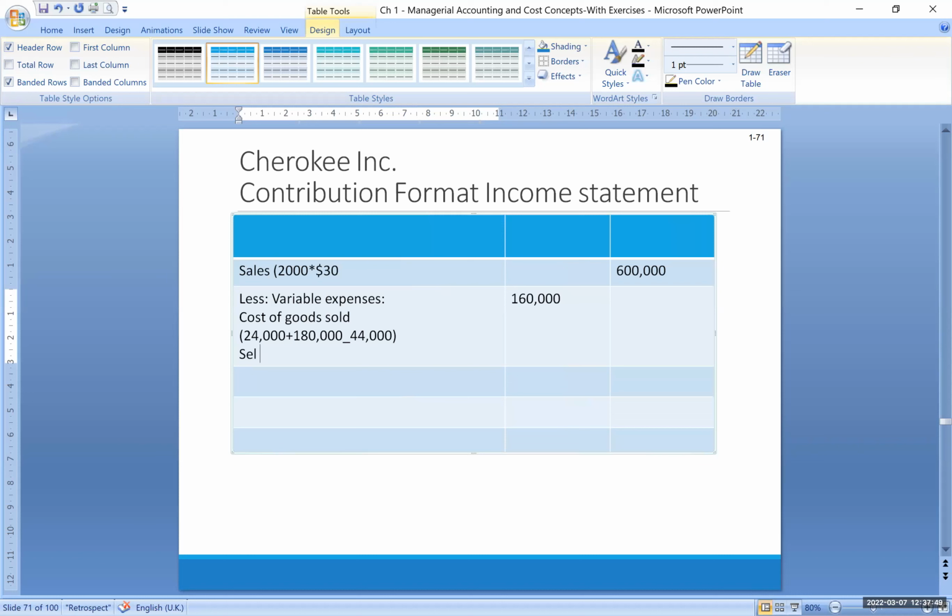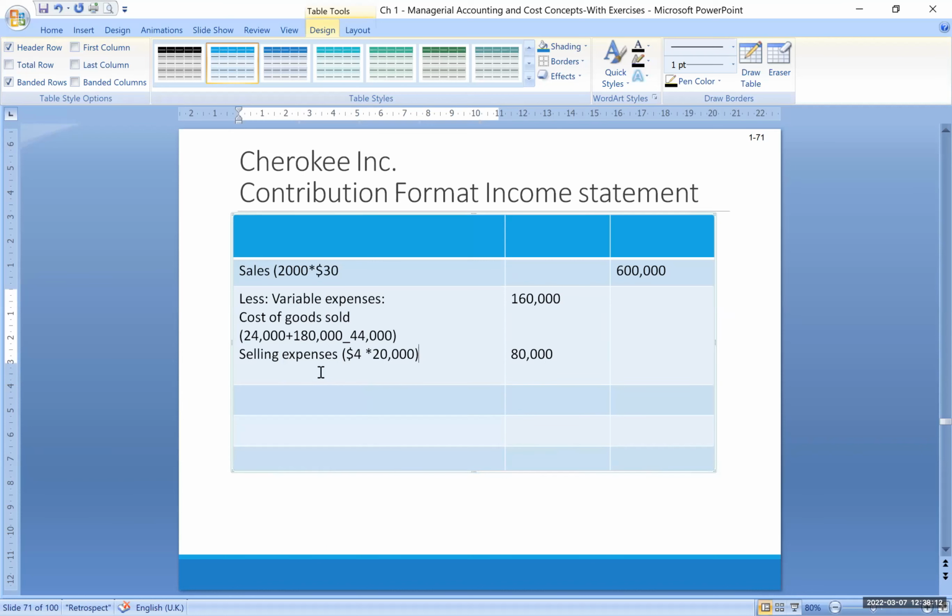So we will say selling expenses, and we'll pick only the variable part, in this case $4 multiplied by 20,000 units. This equals $80,000.